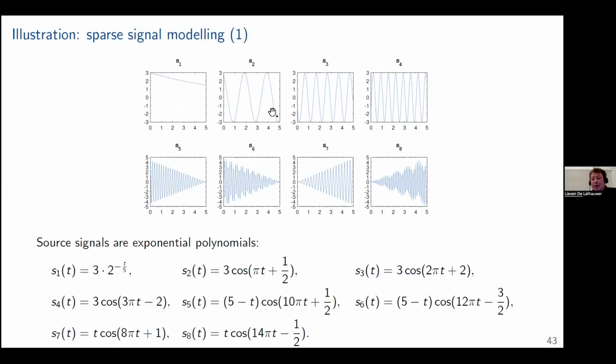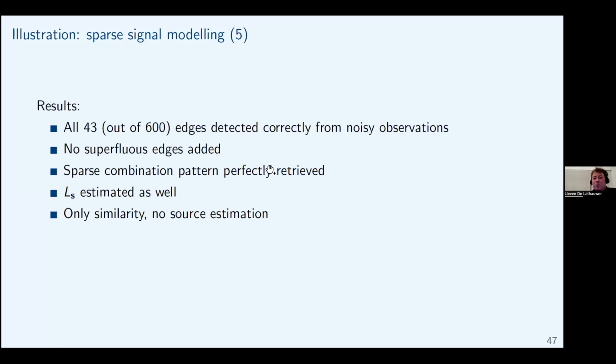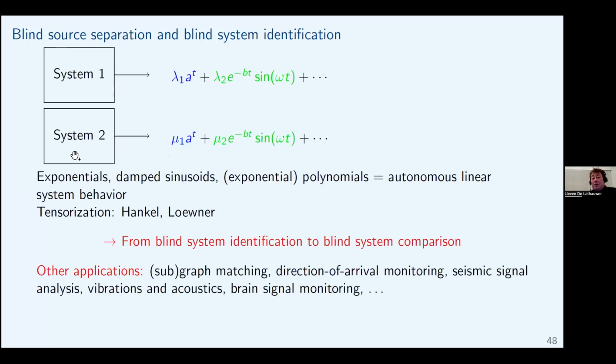So I deliberately took exponentials and sinusoids and maybe polynomials, and through this Hankel trick, you can express whether systems have the same, let's say, underlying working modes, operational modes, without having to compute these modes.